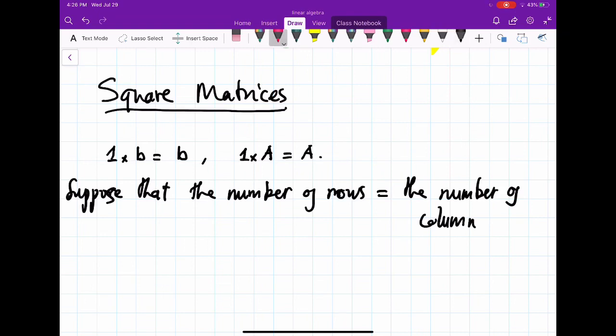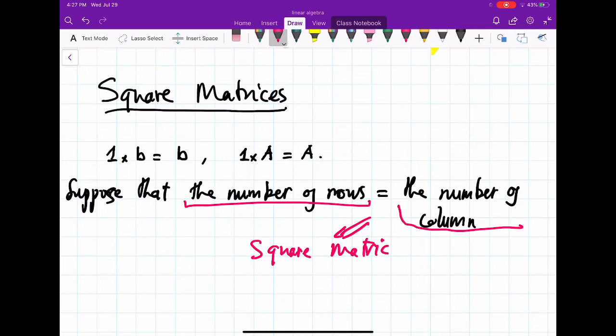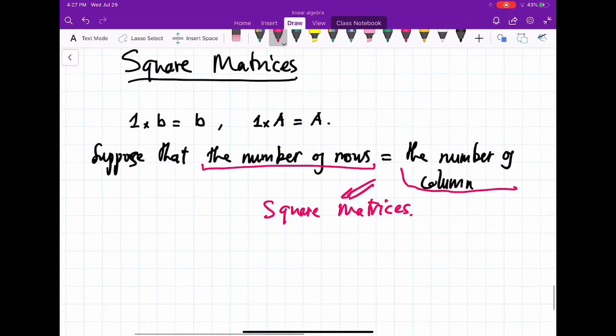Then such matrices are called square matrices. Okay? So in this case, they are square. All right, so for square matrices, you have the following one. A11, A12, and so on, A1n, right?